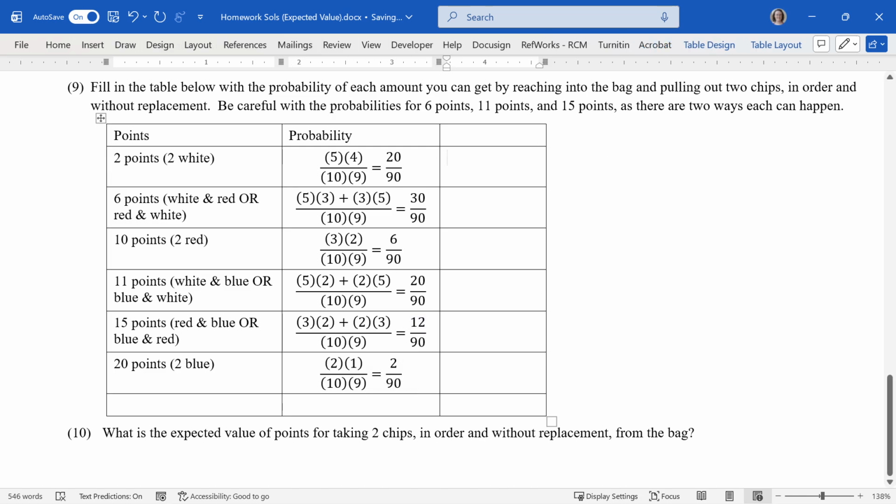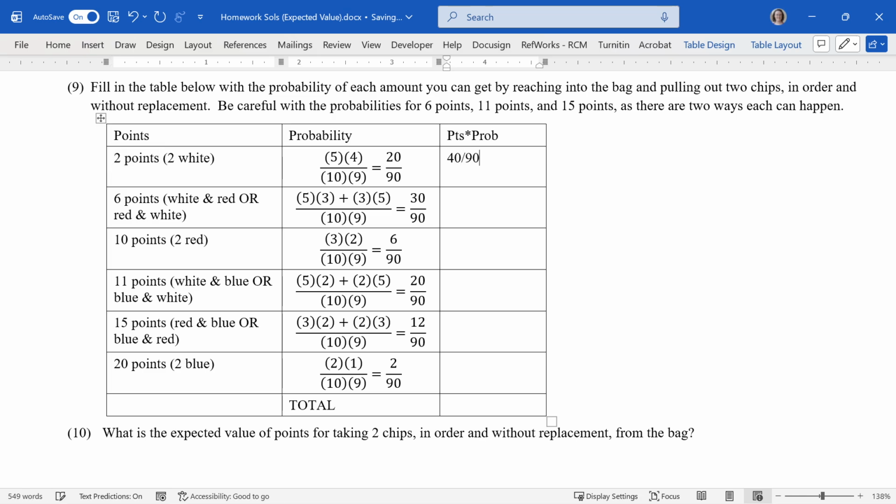Yep. Okay. Now we're going to do points times probability. And then we'll add that up, and the total will be the expected value. Okay, so I'm doing 2 points times the probability, which is 20 over 90. Remember, this number that's being multiplied by the fraction gets multiplied into the numerator.